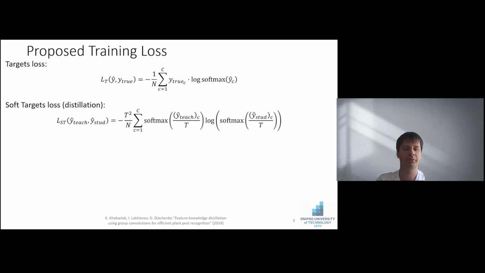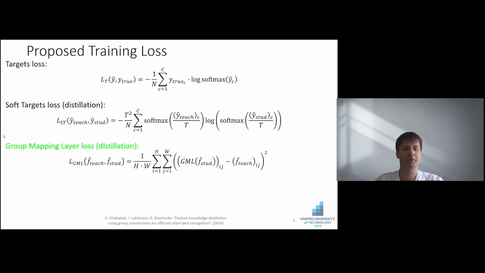The soft targets loss is also based on distillation. In here, we have the loss as proposed by Geoffrey Hinton. We have temperature denoted by T, and we use supervision from a teacher network, the large neural network, to train a student neural network. And also we add the group mapping layer loss.